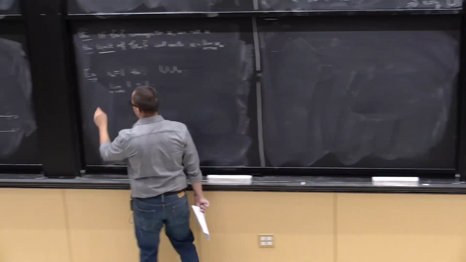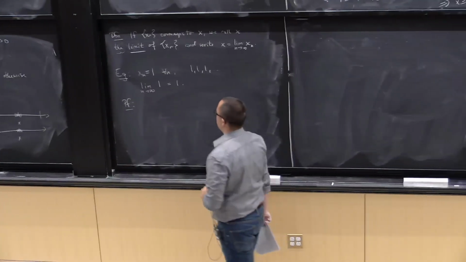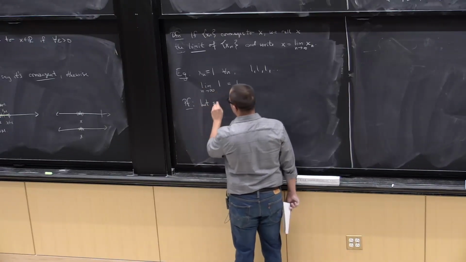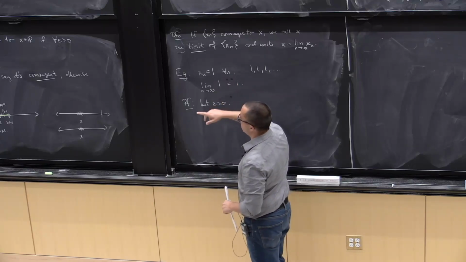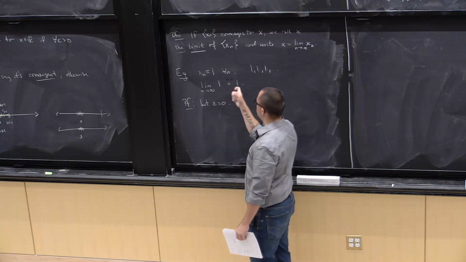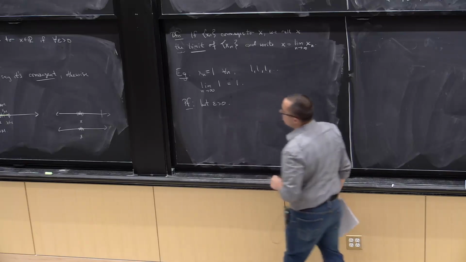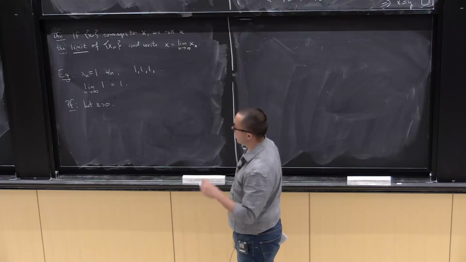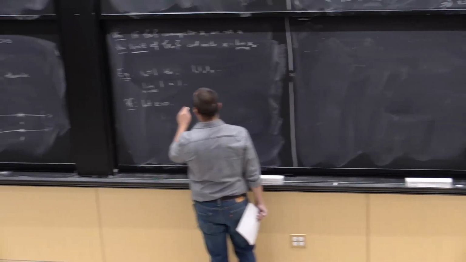Okay, this proof is not very enlightening, but I'll show you how it goes. What does this mean? This means for every epsilon positive, there exists a natural number capital M such that if n is bigger than capital M, this minus the limit should be less than epsilon. So let epsilon be positive. I have to now come up with a capital M so that |x of n minus x| is less than epsilon whenever little n is bigger than or equal to capital M. So I'm going to choose capital M to be 1.